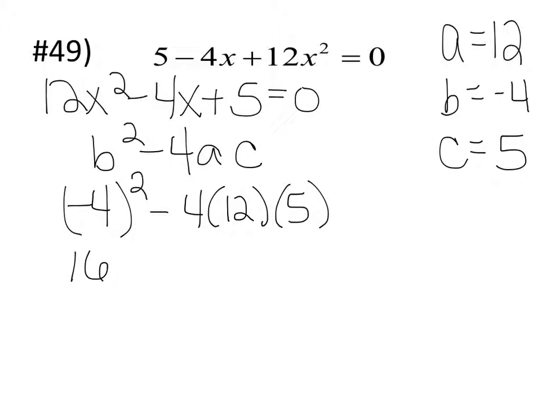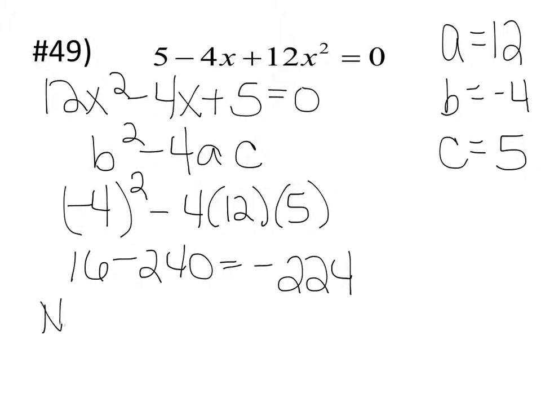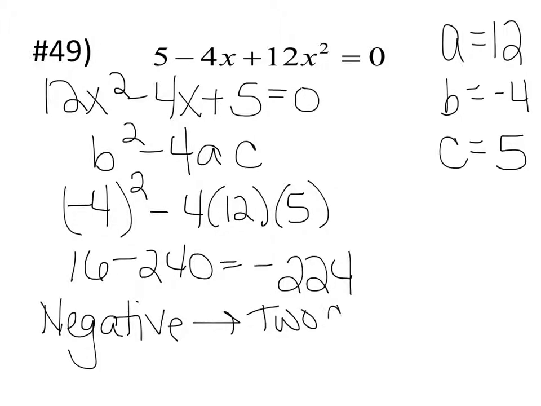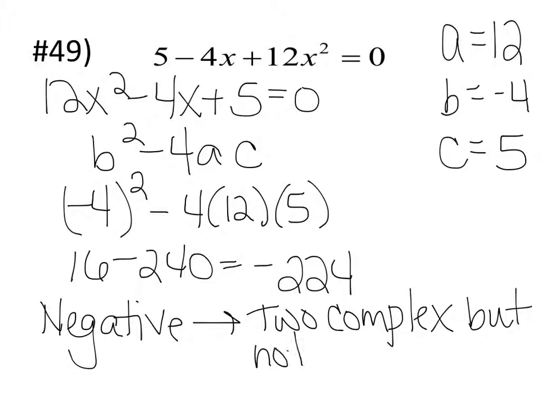And negative 48 times 5 is negative 240. 16 minus 240 is negative 224, which is a negative number, which tells you you have two complex but not real solutions. And you're done.